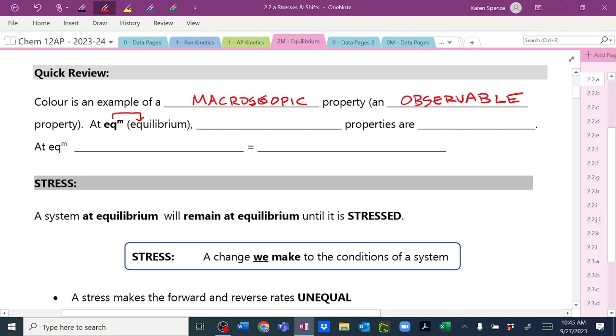At equilibrium, macroscopic properties are constant. And at equilibrium, what is equal? Forward rate and reverse rate.